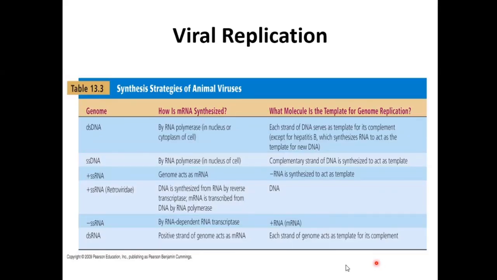So as for viral replication, we just have to consider the genome configuration and how messenger RNA is synthesized. This tells how the virus produces protein, and what molecule is the template for genome replication.